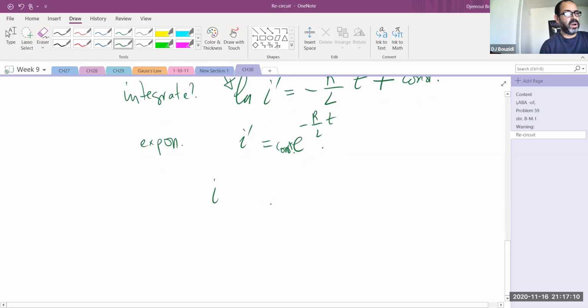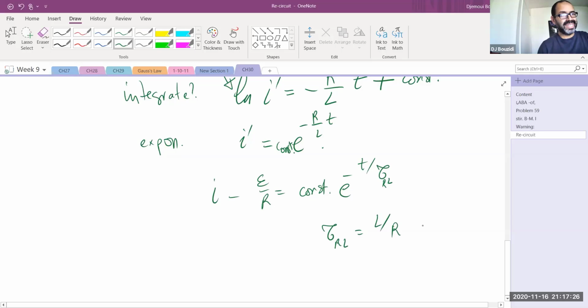So this is actually I minus the EMF over R is equal to a constant times the exponential of minus t over tau RL, where tau RL is simply equal to L over R. Okay, this is the time constant for the RL circuit.